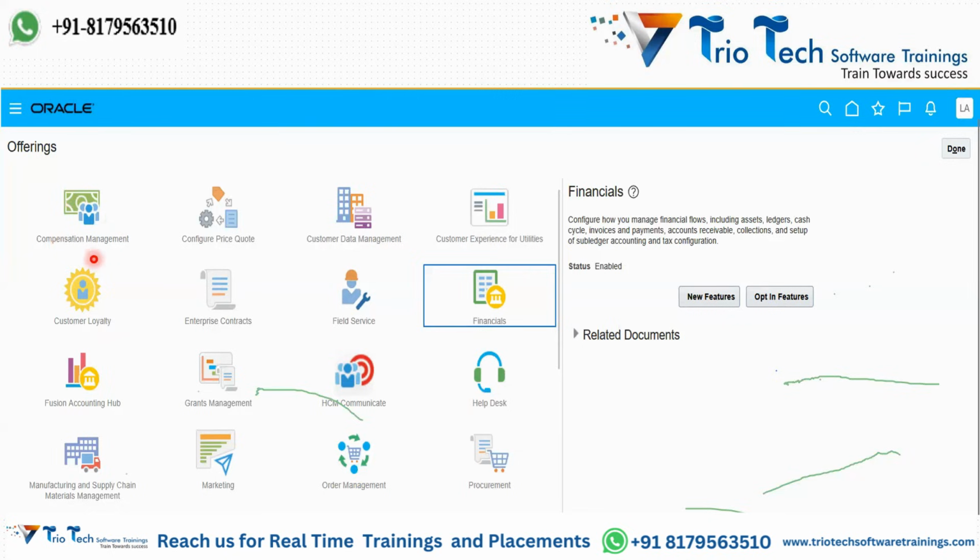So you have compensation management, configure price quote, customer data management, financials, procurement, order management, human capital communications, and all. So all these business related processes are now embedded into one single application.